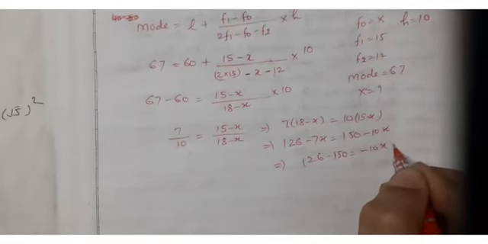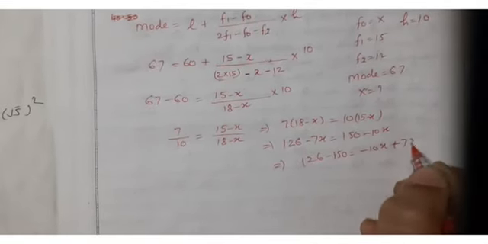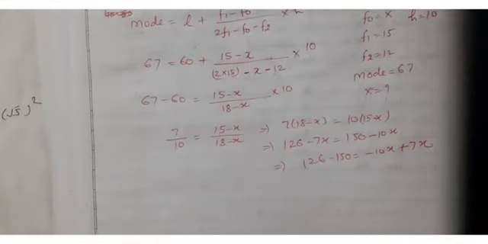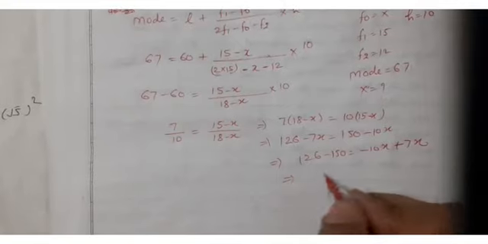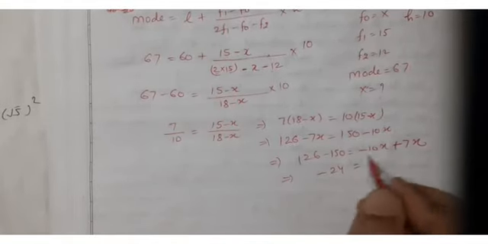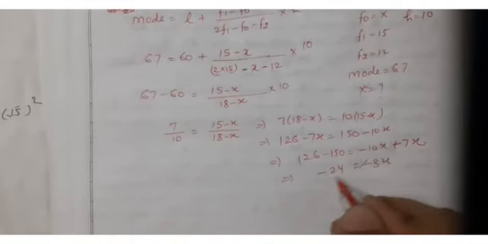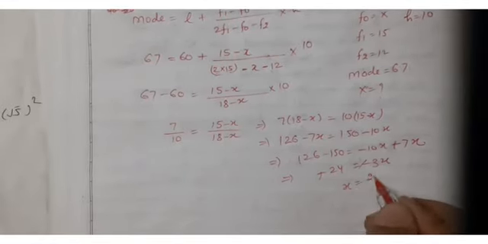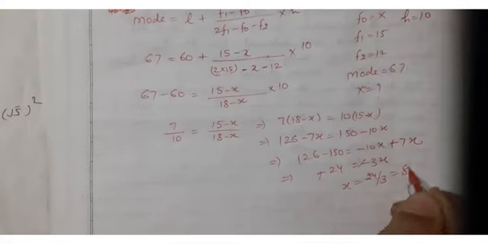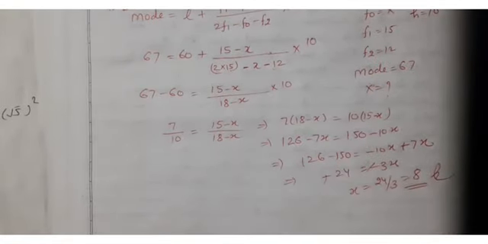Minus 10x and plus 7x. No, it's very easy, no? Then what will come? Minus 24. And here minus 3x, cut minus x to minus x. What will come? X is equal to 24 upon 3. This is 8. This is the answer.